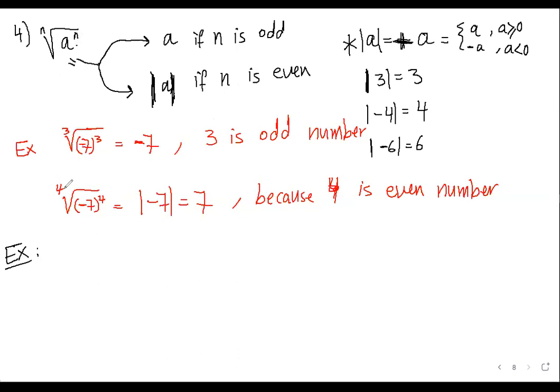Look, the nth root of a to the n, the n here and the n here are exactly the same number. If n is odd, then the answer is a.